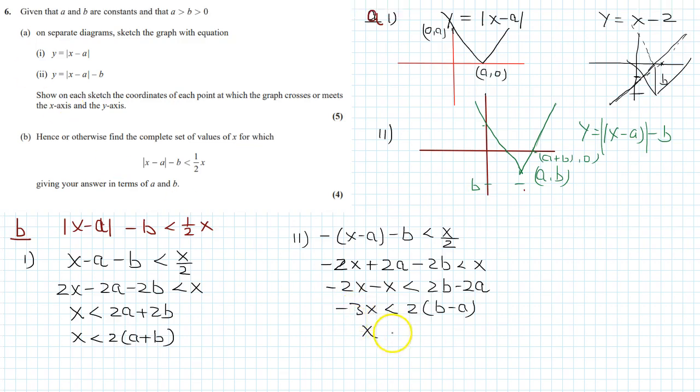If I am dividing by negative 3, so x is greater than 2 over minus 3 times b minus a, or we can write it x is greater than 2 over 3 times a minus b. So these are the solution sets for this equation.